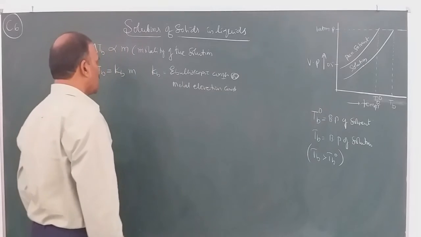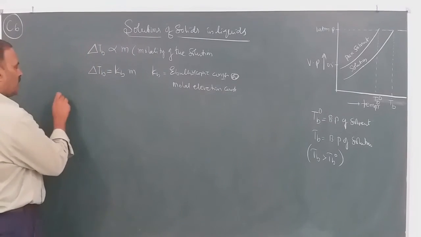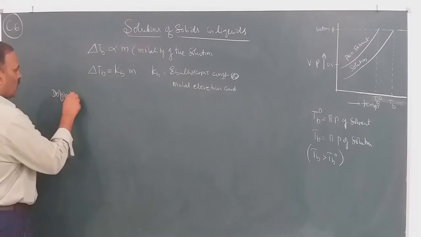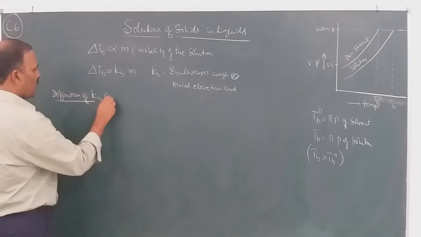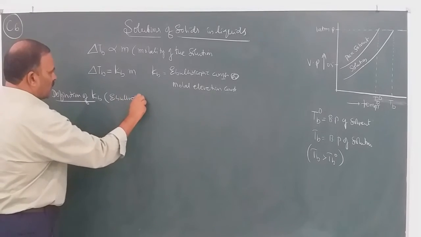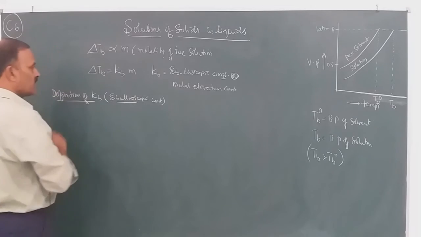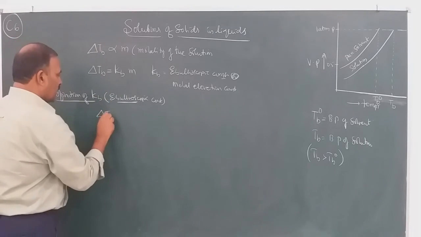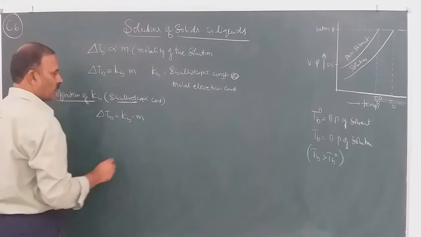What is the ebullioscopic constant or molal elevation constant? The definition will be asked. What is Kb? Ebullioscopic constant. That is, delta Tb is equal to Kb into m.